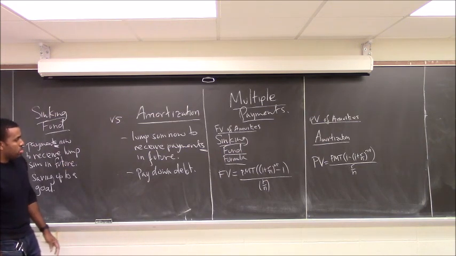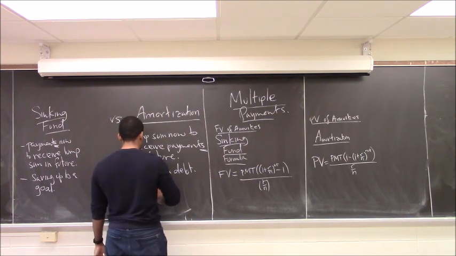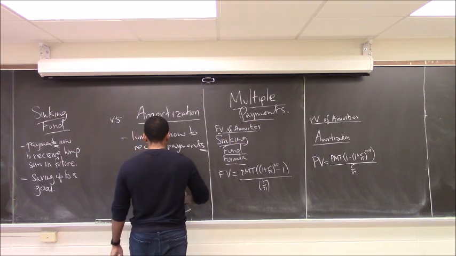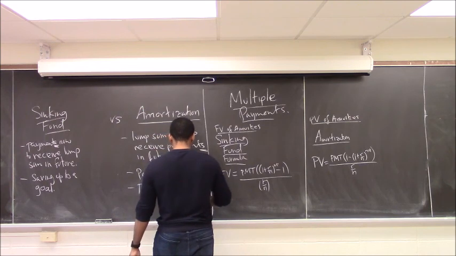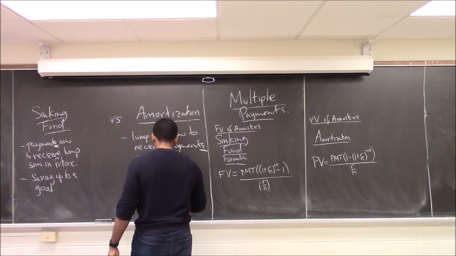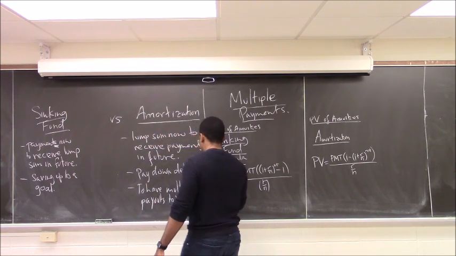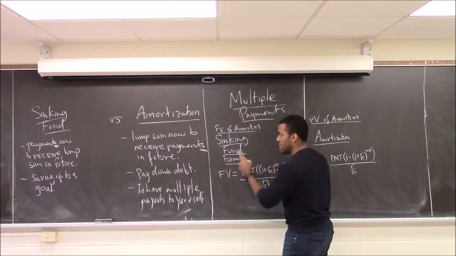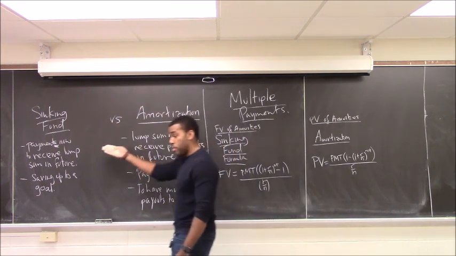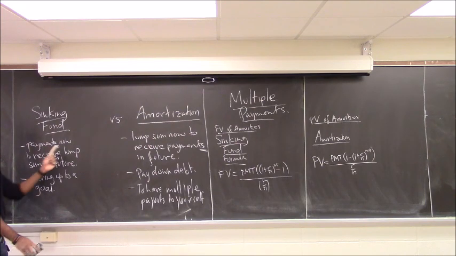Paying down debt just means, or to have multiple payouts to yourself, probably. But the idea is lump sum now to get payments in the future versus payments now to get a lump sum in the future.